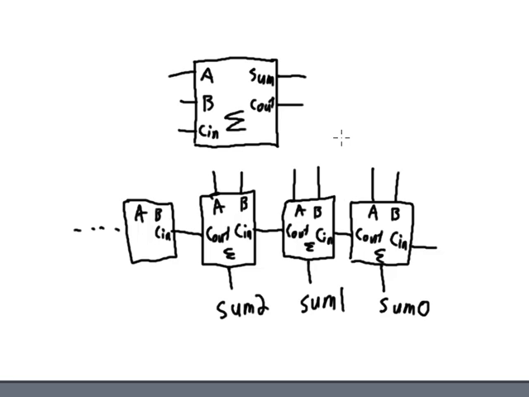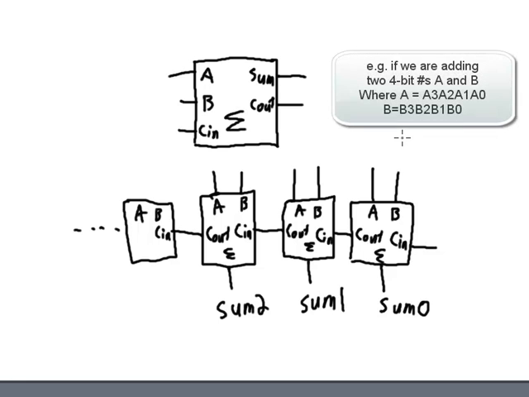Now the only problem with this kind of adder is the signal. Let's say we've got B0, A0, B1, A1, B2, A2. So far we've got this 3-bit number, 4-bit number, or whatever number of bits.